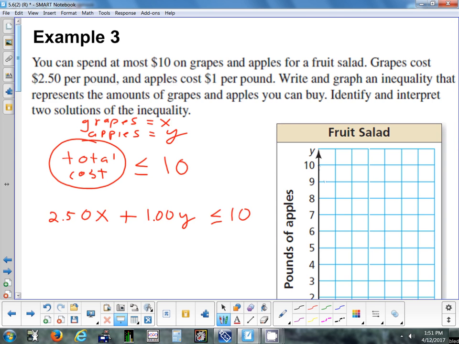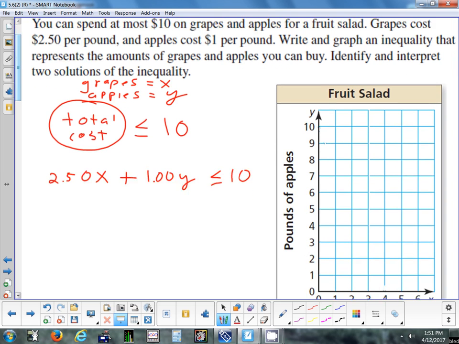There's your inequality. Well, it's not ready to graph, but that is right. Now, because we dealt with money, we rounded everything to 2 decimal places. But what's 1.00 the same as? It's just 1. It's the same as just 1y. The reason we put 1.00 is because it's money.